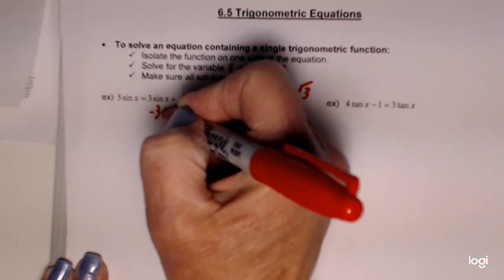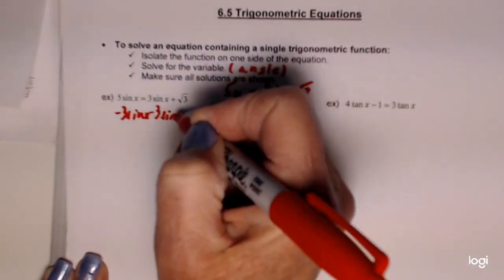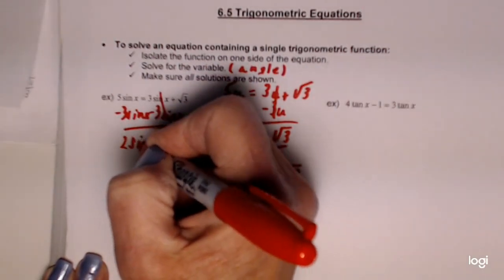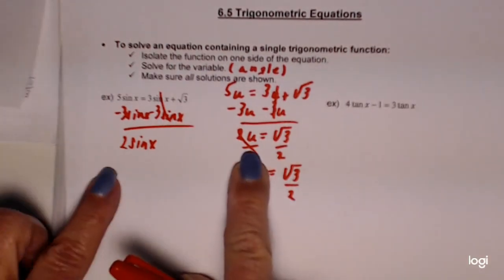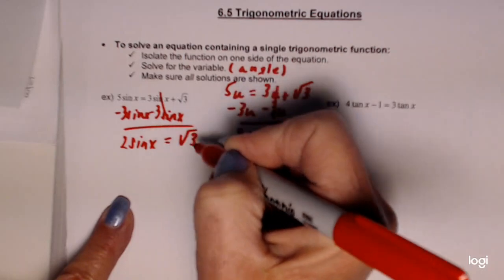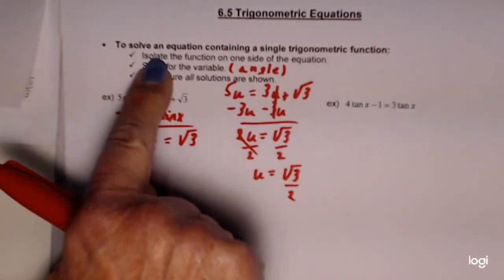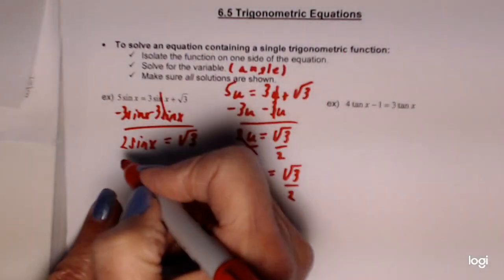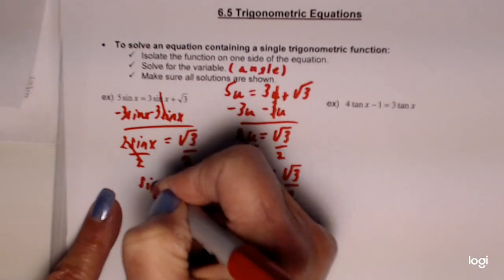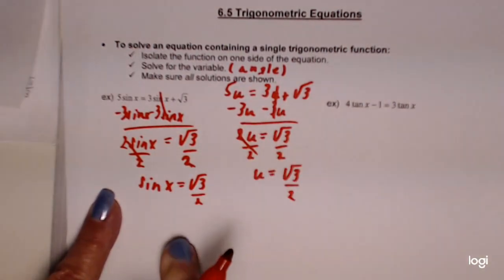So subtract 3 sine x from both sides. 5 minus 3, there's the same 2, but this time it's sine x, so same logic. And we're left with the square root 3. We need sine x by itself, because remember we want to isolate that sine function. So we divide both sides by 2. And now we have the sine of x is equal to square root 3 over 2.